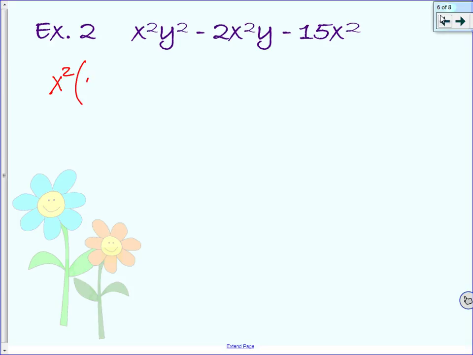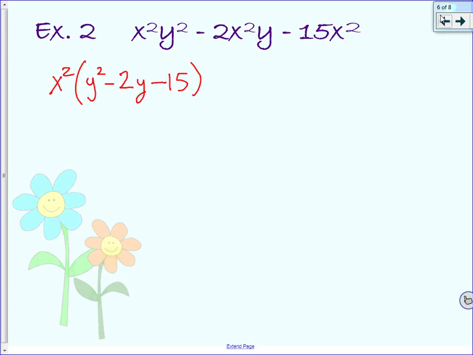Y squared. Yeah, and then what? And then 2x. Or no, just 2, sorry. 2y. Yep. And then negative 6.